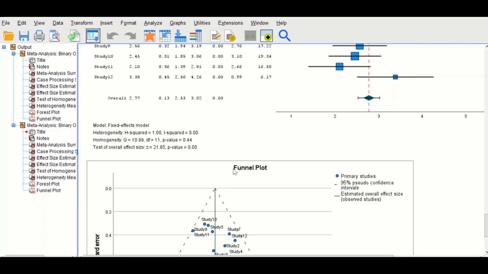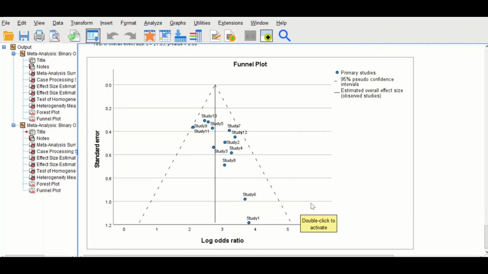Moving to the last graph, which is the funnel plot. A funnel plot will display whether there is a publication bias, and it has on the y-axis the standard errors, and on the x-axis the log of odds ratio. So the odds ratio for each study is given here as numbered from study number 1 to study number 12.